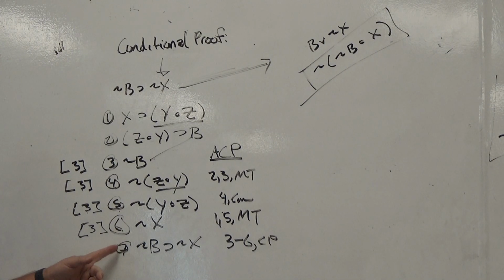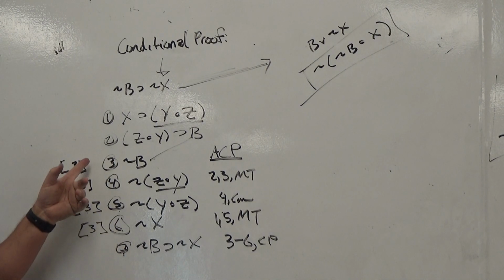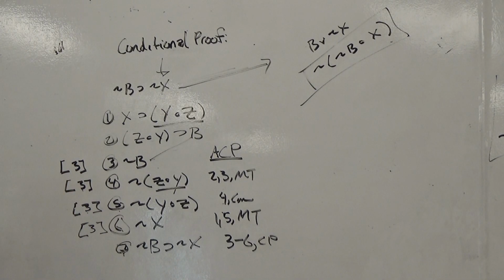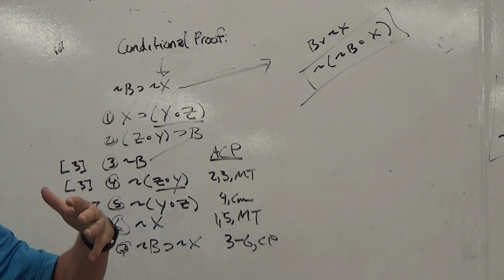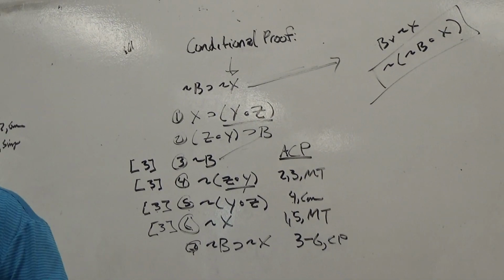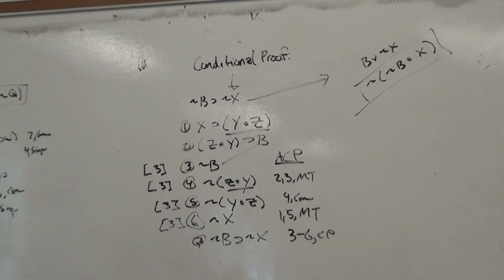And this step right here is called discharging the premise or the assumption. And so when you have more than one assumption, if they overlap, you have to discharge them in a particular order and all that kind of stuff. If you want to do very complicated ones, come see me, I'll talk you through that. Otherwise, this is about what you need to know, okay?